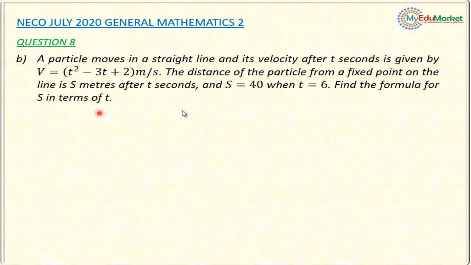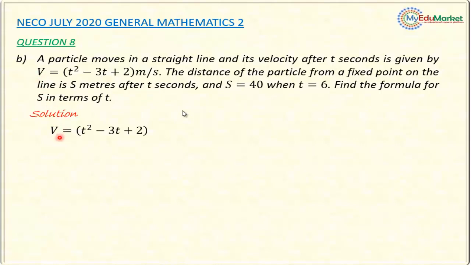So let me attempt to answer this question now. We have the function of velocity, and the question asks us to find a formula for s, and s here is distance, or rather displacement. So what can I do to velocity to give me distance or displacement?